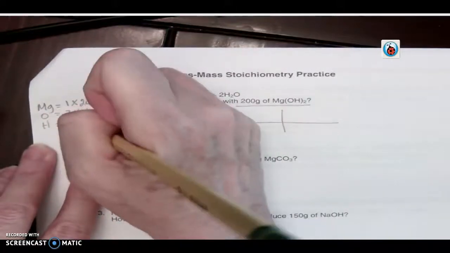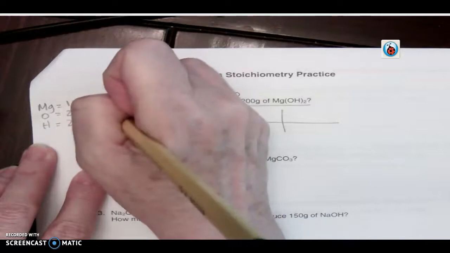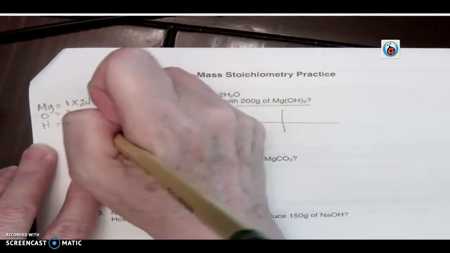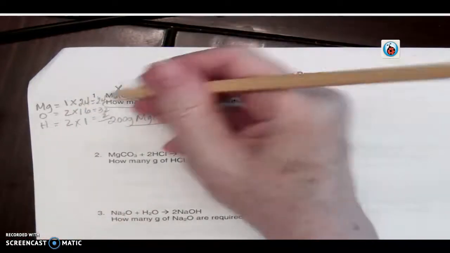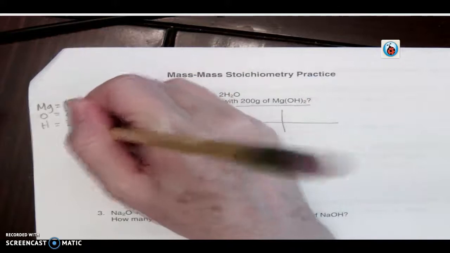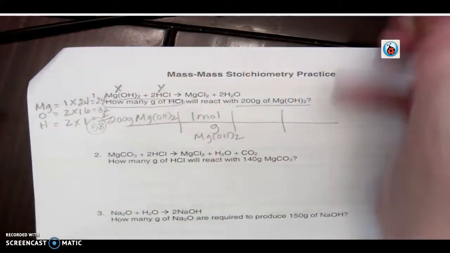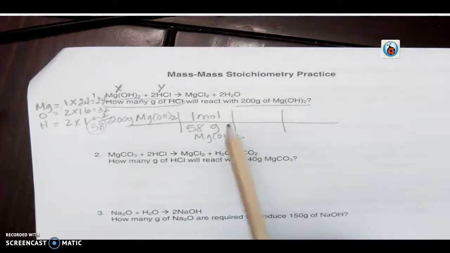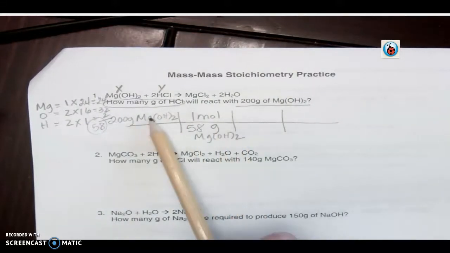We know oxygen is 16 and hydrogen's 1. So let's do our math. I've got 24 plus 32 plus 2. I'm going to add all that up. So 4, 5, 6, 7, 8, 58. So I've got 58 grams of magnesium hydroxide. That's the molar mass of this compound here.